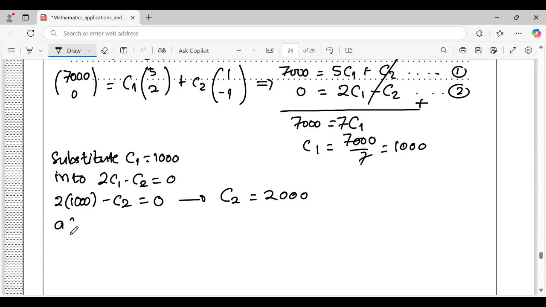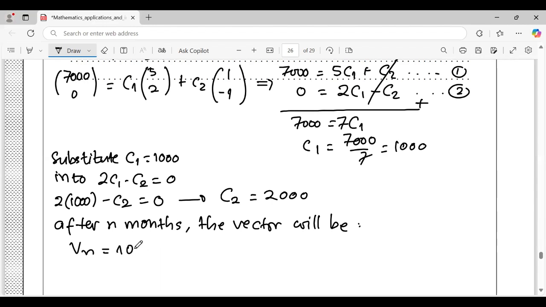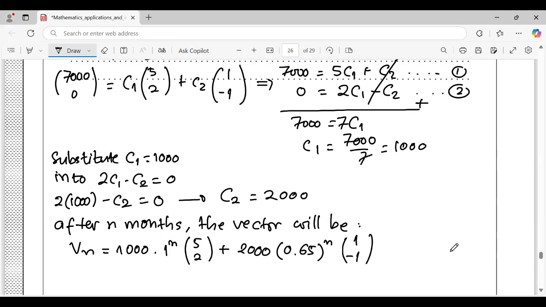So after n months, the vector Vn equals 1,000 times 1 to the power n times 5, 2, plus 2,000 times 0.65 to the power n times 1 and minus 1.